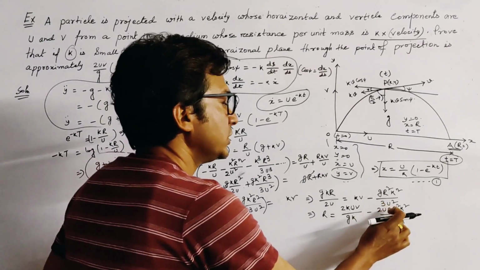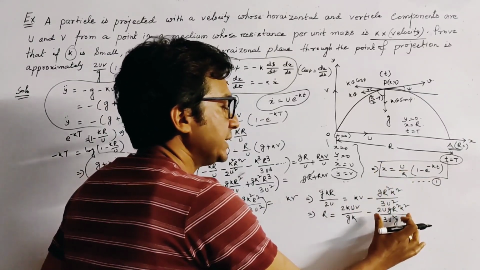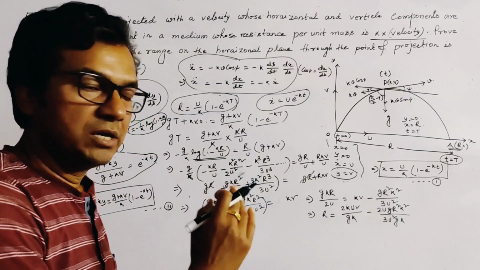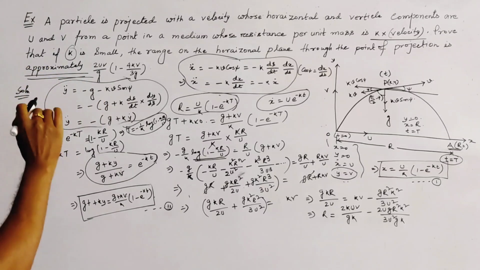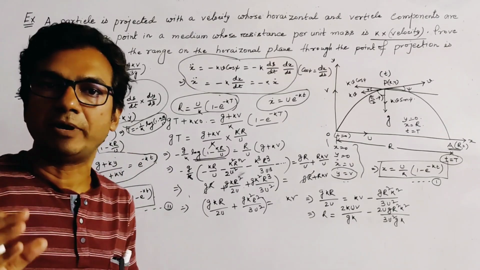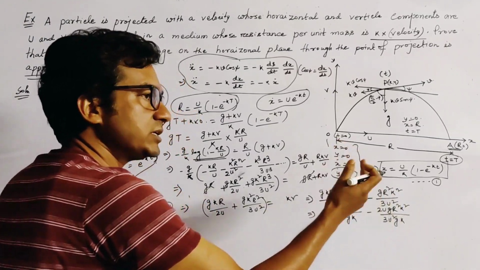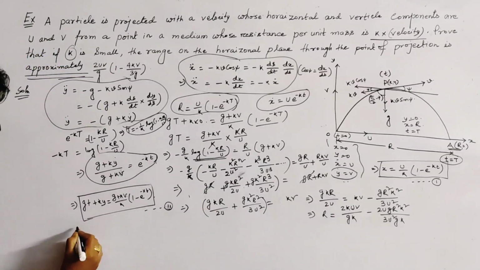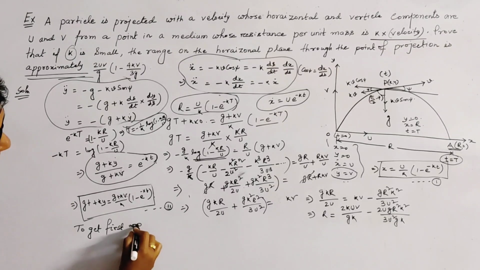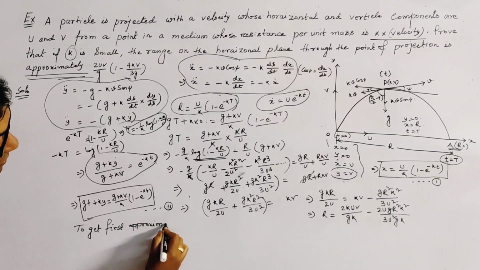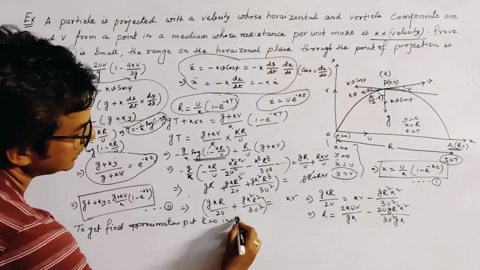Now here we put r equal to 0 in this term by taking the first approximation of r, because here it is given that we have to find the approximate value of the horizontal range. So for the first approximation, we put r equal to 0 in the right hand side.